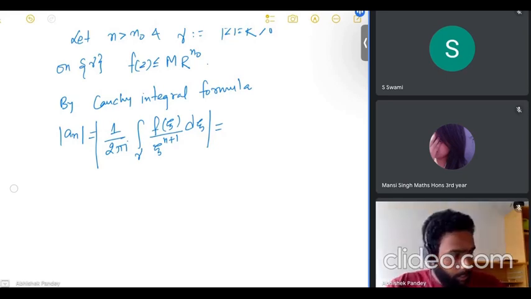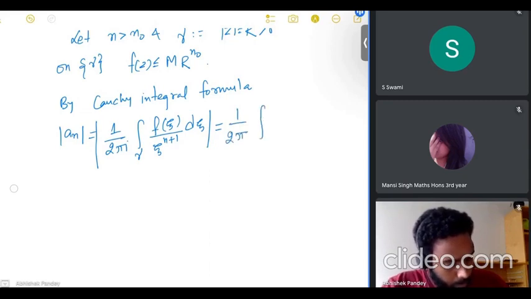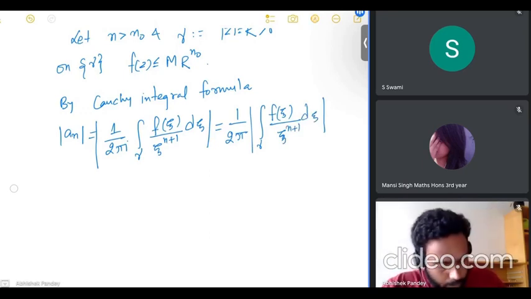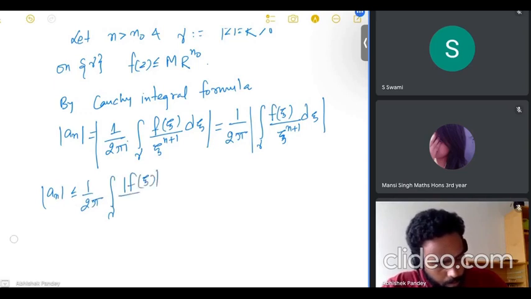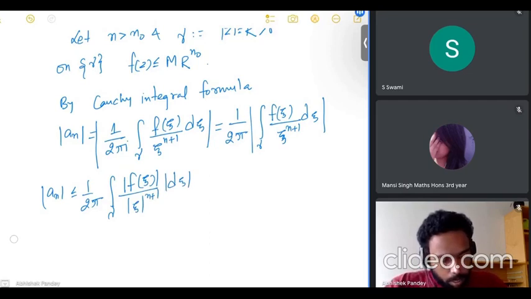Now this is nothing but 1 upon 2 pi integral over gamma f of psi upon psi to the power n plus 1 d psi, isn't it? So mod a n is less than or equal to 1 upon 2 pi integral over gamma mod of f of psi upon psi to the power n plus 1 mod d psi.